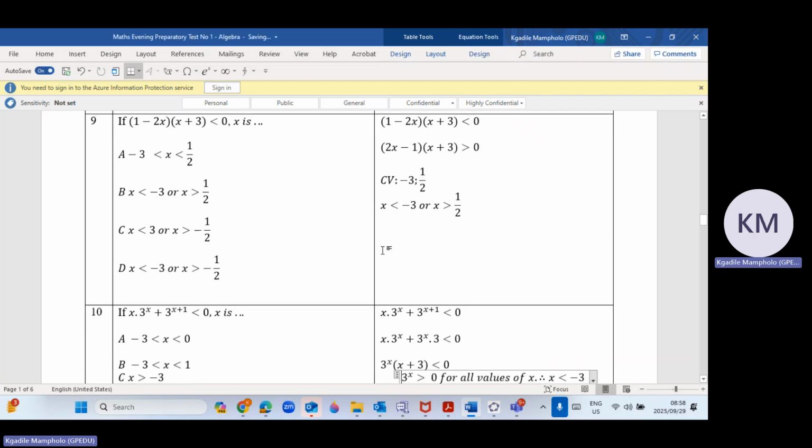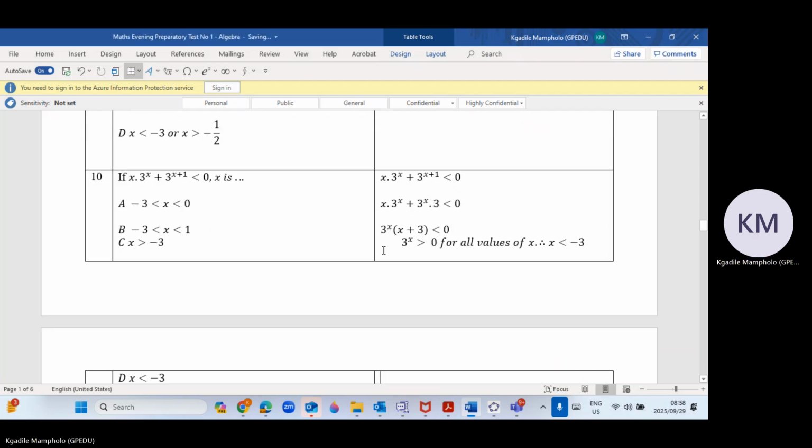Number 10, if you check in this case, we have x equal to this, then here you can see that you have a common factor of 3 to the power x. Say 3 to the power x into, here we are left with x, here we are left with 3.